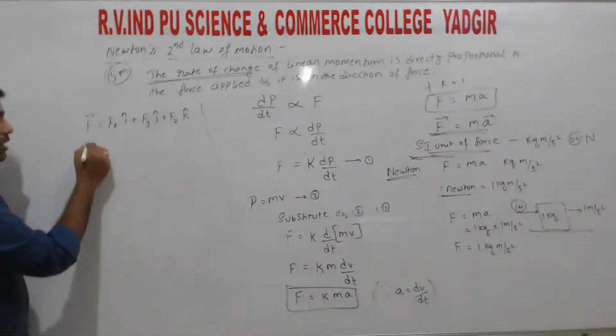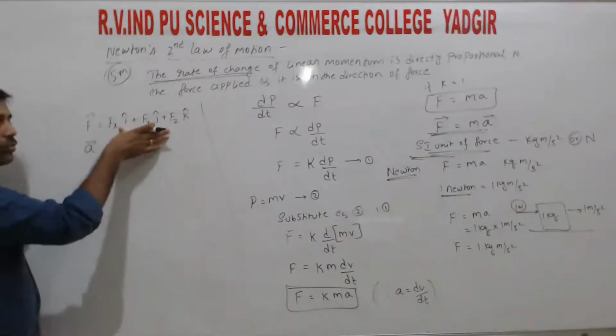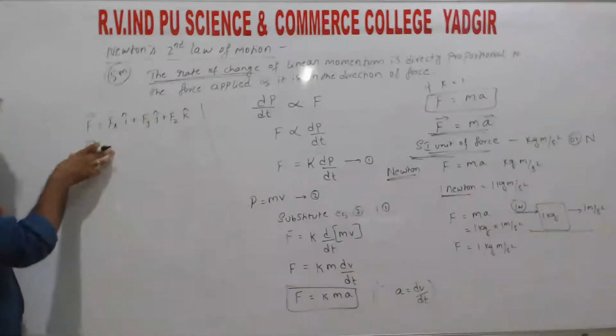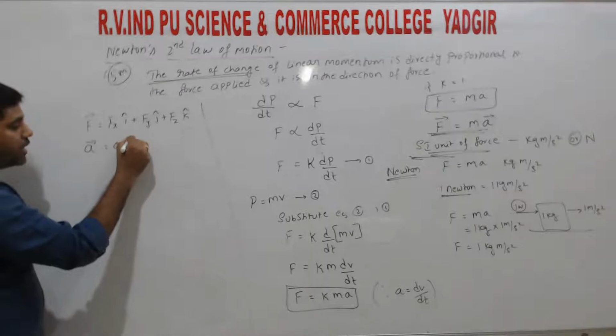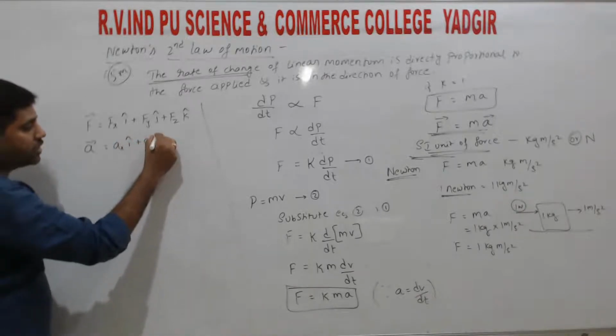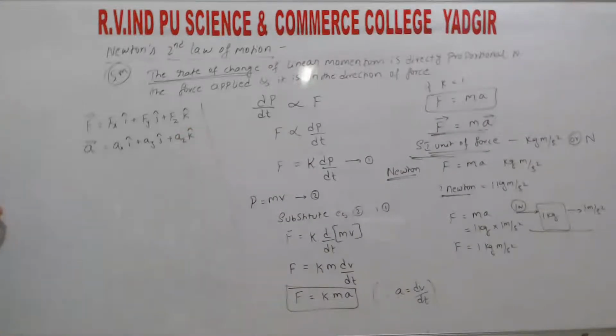And again acceleration is also a vector, right? So if it is going in three dimensions, it has acceleration in all three directions, so ax i cap plus ay j cap plus az k cap, right?